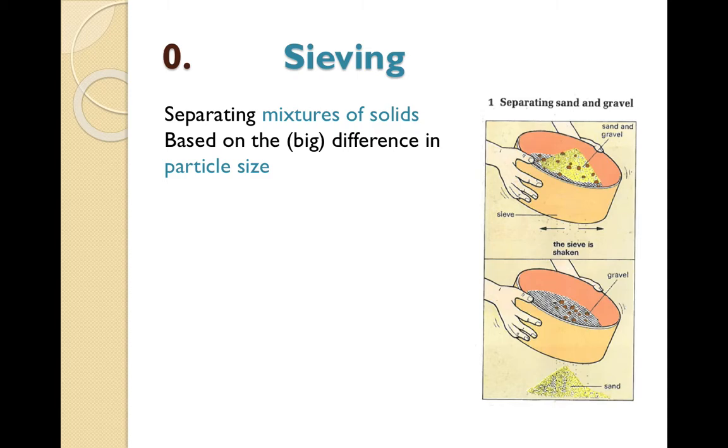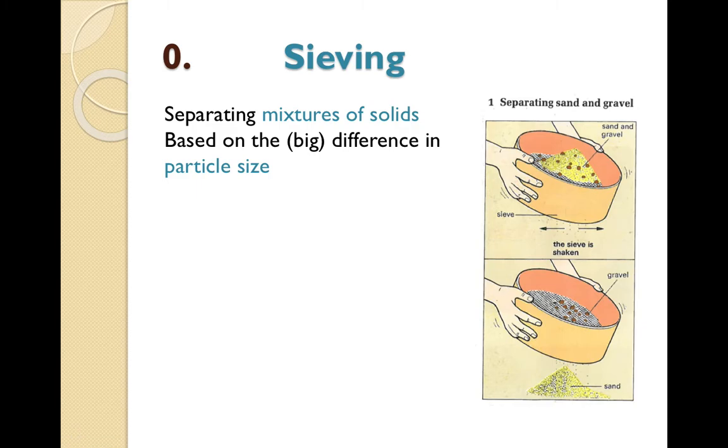Okay, the first separation technique is actually one that you used when you were just a toddler playing in the sand pit, and you would take the sand and a sieve and separate the sand and the little stones, the gravel. And that happened based on particle size.